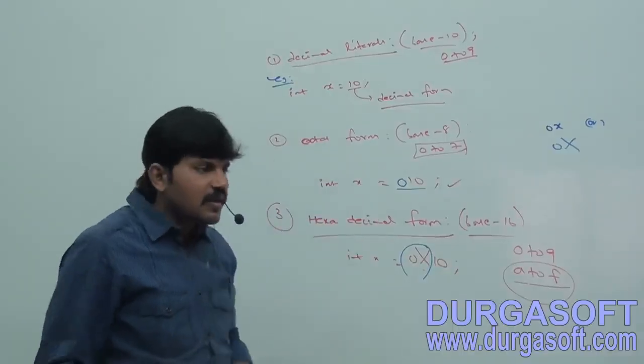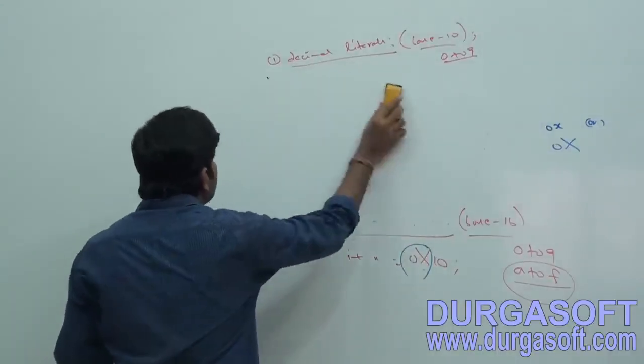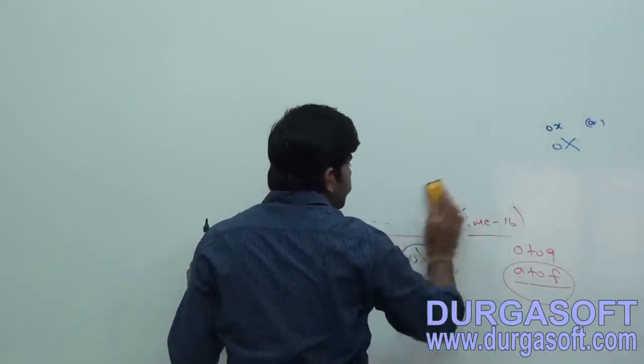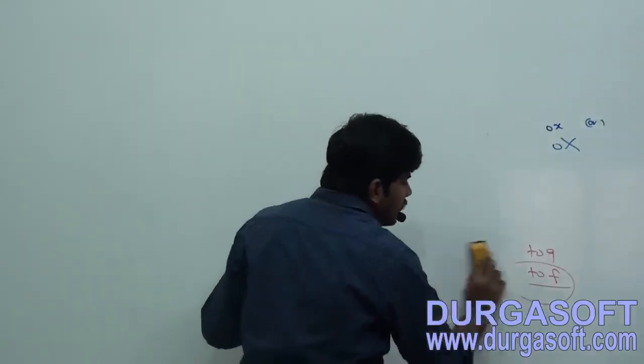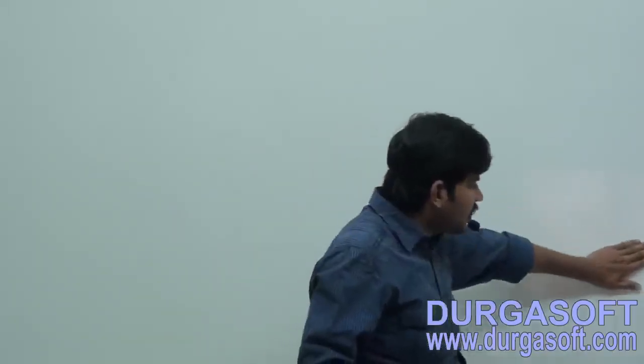These are the only possible ways to specify a literal value for integral data types. That's all. Are you able to understand? Okay, this is one point you people should be aware of.